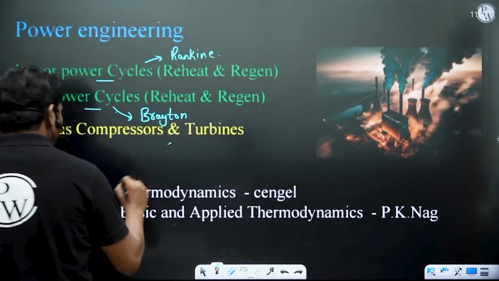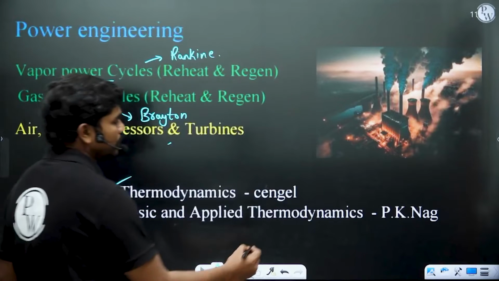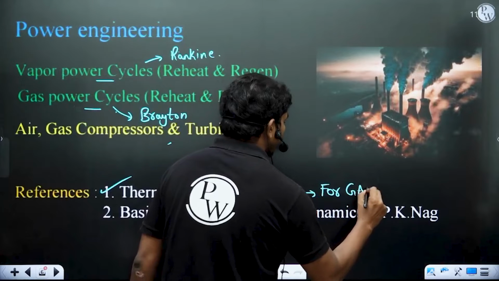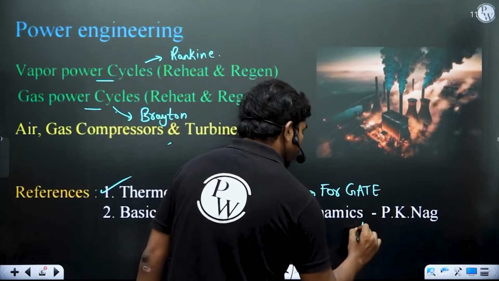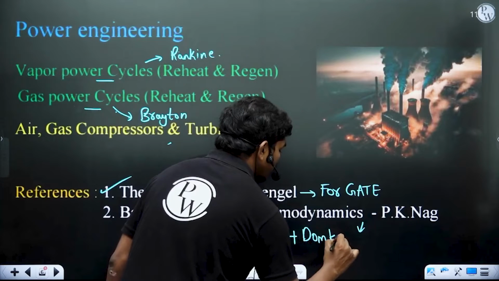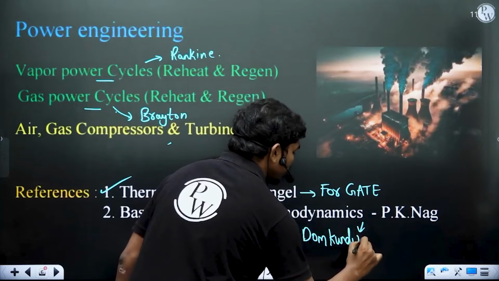Now for GATE you can go with Thermodynamics by Cengel. Normally this is for GATE, which is good enough. And plus I'd like to also add one more book, by Nag, which is a very nice book for power plant engineering.